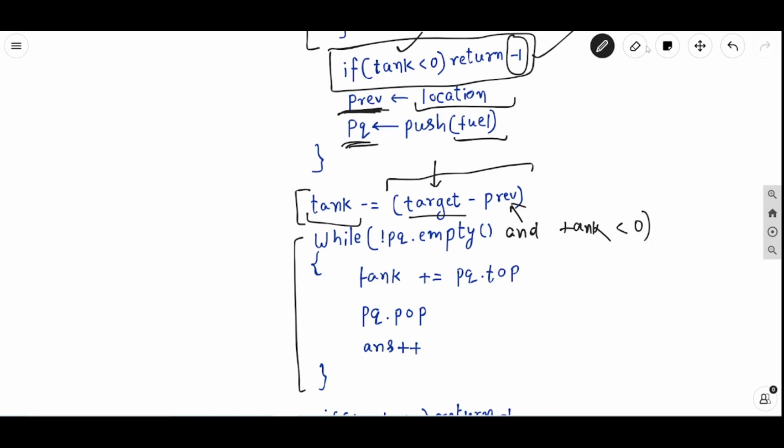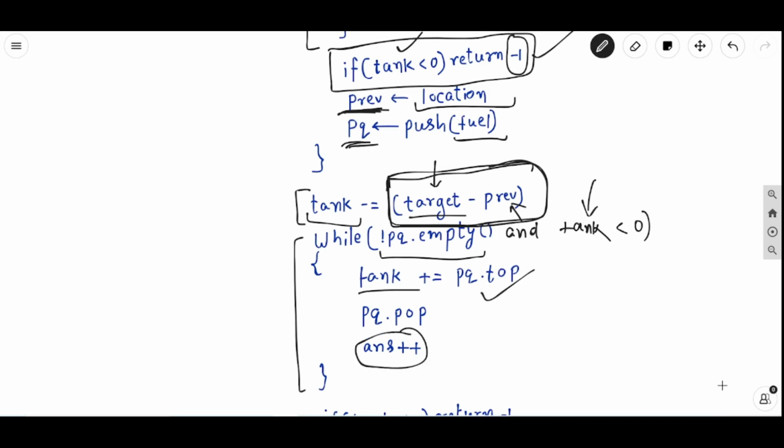That means I had to refill my tank at one of the intermediate gas stations which I have pushed into this priority queue, and I will keep doing it until I make up for the fuel consumed to reach the destination target. That will also be counted as the answer, because that represents the number of gas stations where I have to stop to reach the target.